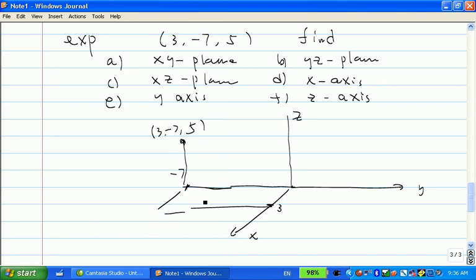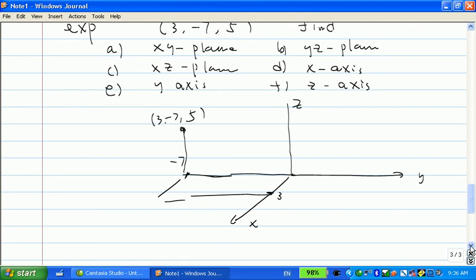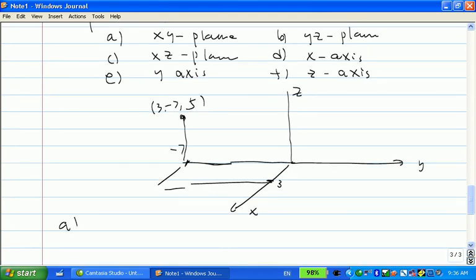Now, first of all, let's answer question A. Okay. This point, the distance from this point to the xy plane. This is here, and here is the xy plane. Obviously, the distance is what? 5, right? Okay, that's the easy part. B, the distance to the yz plane. What is the yz plane?